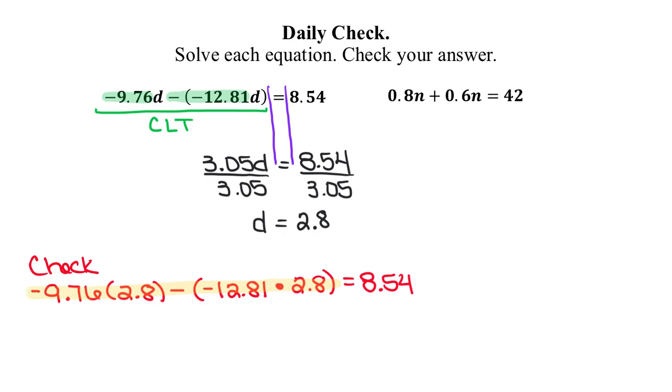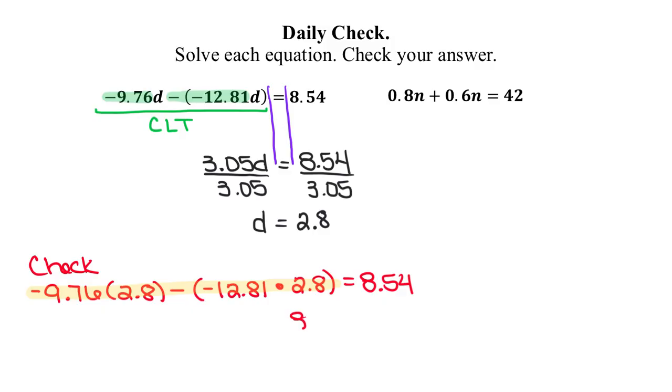So negative 9.76 times 2.8 minus negative 12.81 times 2.8. What do you get in your calculator?